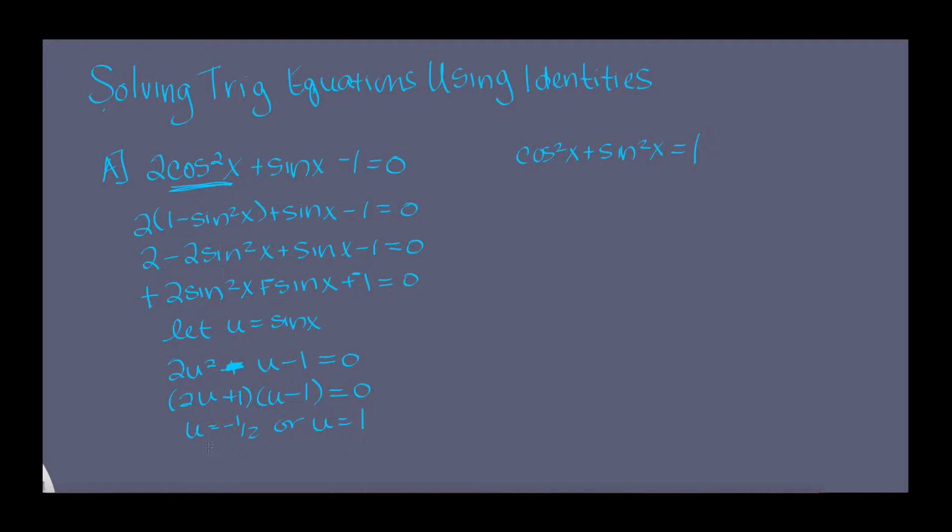But we remember that u was actually sine of x, right? So that means the sine of x is either negative 1/2 or the sine of x could possibly be 1. The one over here is easy. The sine of x is only 1 in one place, at pi over 2.